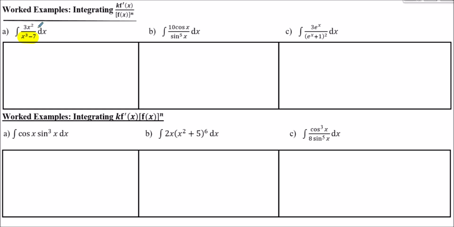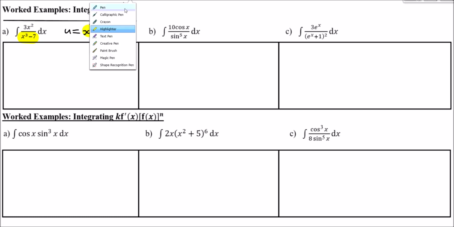And you term u to be the thing which then differentiates to this. So u I'm going to pick as x cubed minus 7. So let's do that.